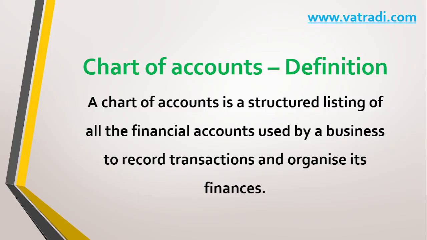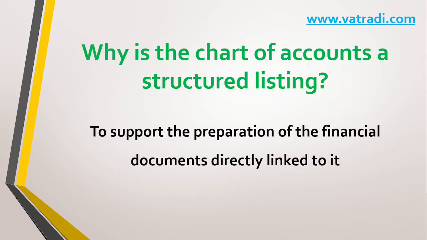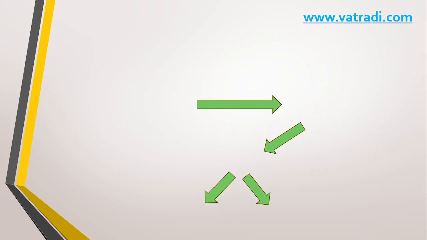So, for this reason, the chart of accounts must be structured in a certain way to support the preparation of these two documents. If someone asks why the chart of accounts is a structured listing, it is because it needs to support the preparation of the documents that are directly linked to it.